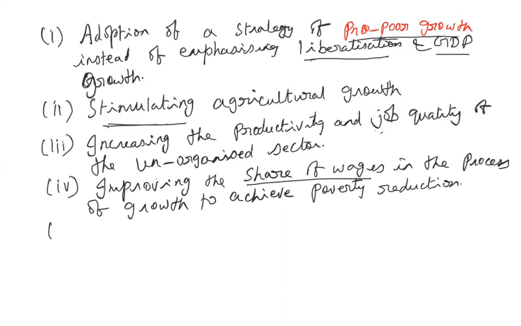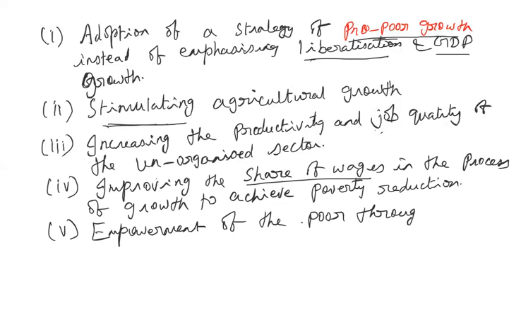Then the fifth one, empowerment of the poor through education and skill formation, which I mentioned as the first point, isn't it? Whatever is required, that is manpower planning: what skill is required, what kind of education is required.